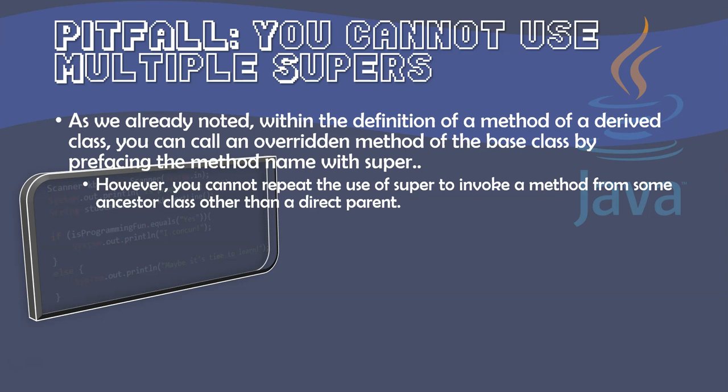So it can only be the one that's immediately above it. You can't do a super.super. So let's just say we had, for example, FullTimeEmployee, which is a derived class of HourlyEmployee. Well, FullTimeEmployee, if it were to do a super call of the toString method, would only look at HourlyEmployee. You would have no way for it to super call that of Employee.